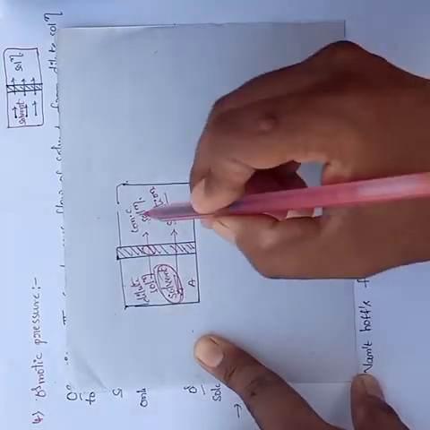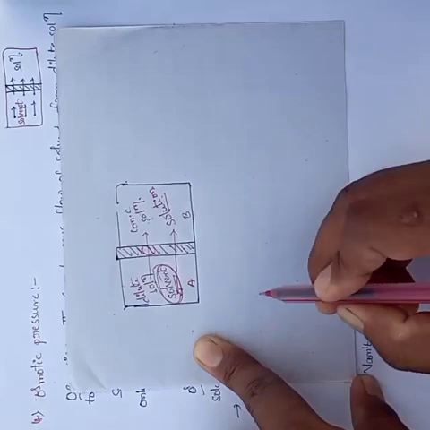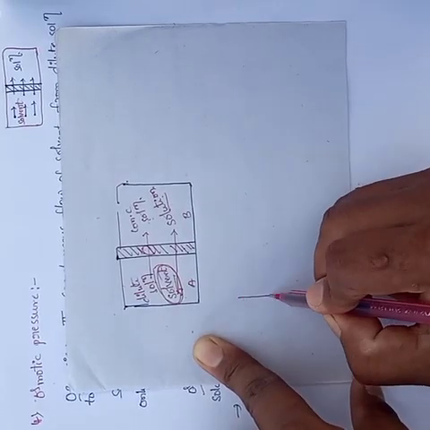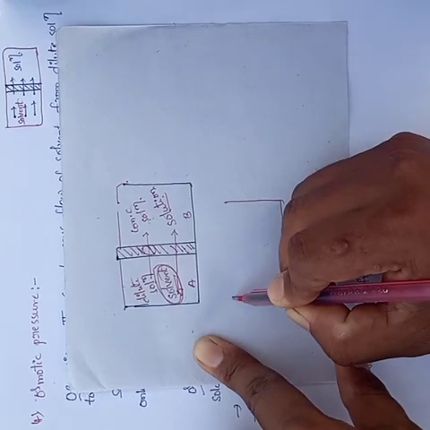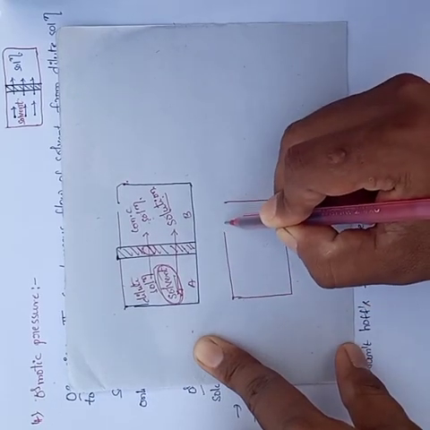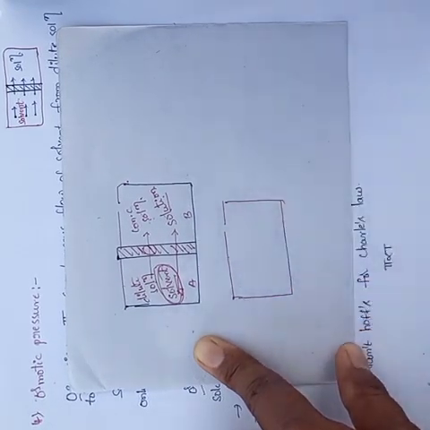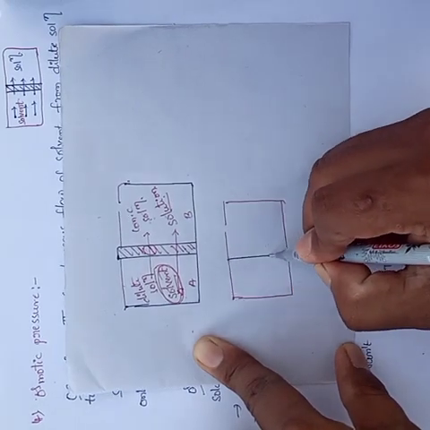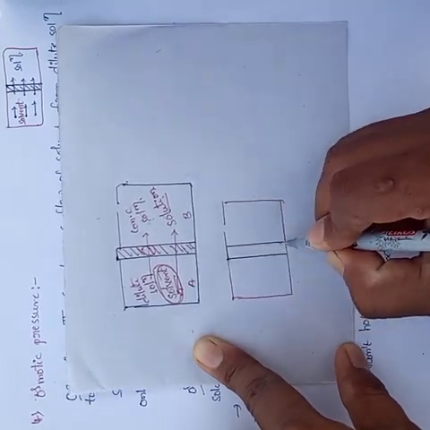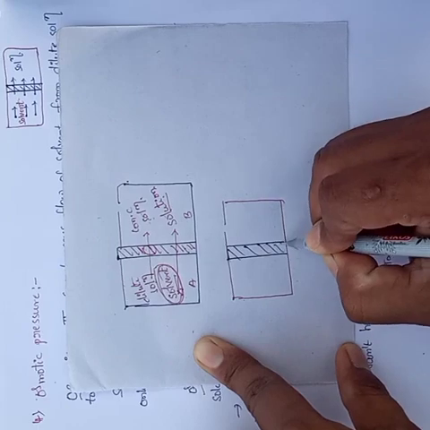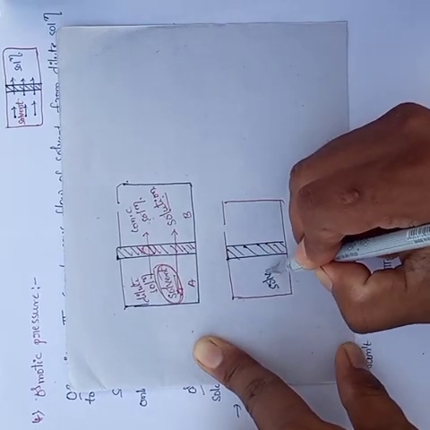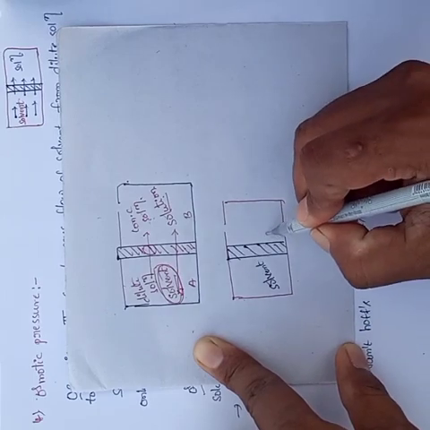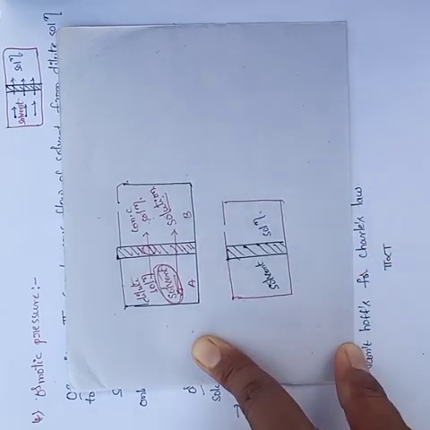Now here the solution is there. Okay, we can take one more diagram. This one is the semi-permeable membrane, and here you take only the pure solvent, and here you take the solution.